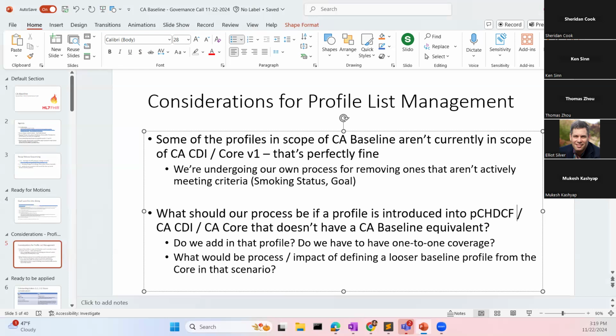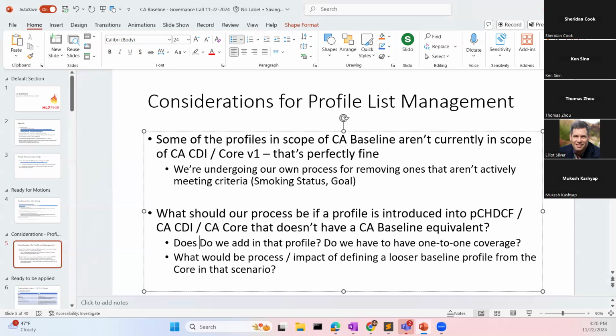My thought is that this pattern can be introduced in Canada, where we do not compete with the USCDI, which is CA Core or CA Core Plus, but we might utilize this Pan-Canadian Health Data Content Framework, which is the superset, as the base to review and revise the baseline, and also have this friendly relationship with the CA Core in that manner.